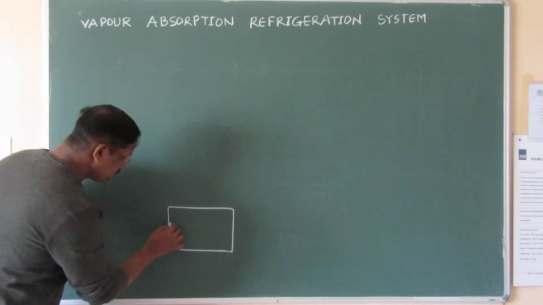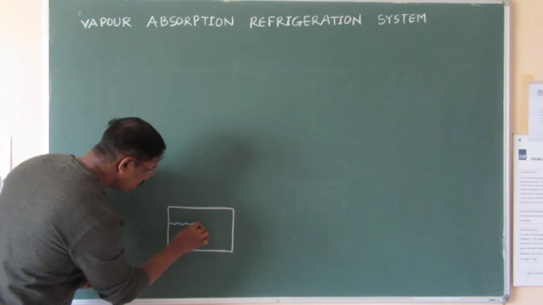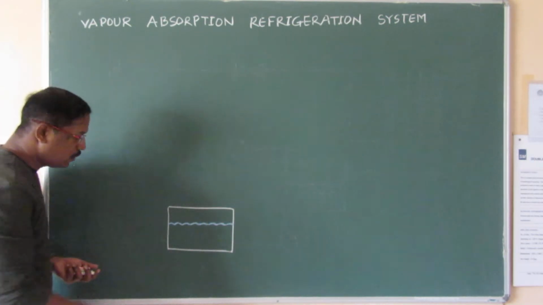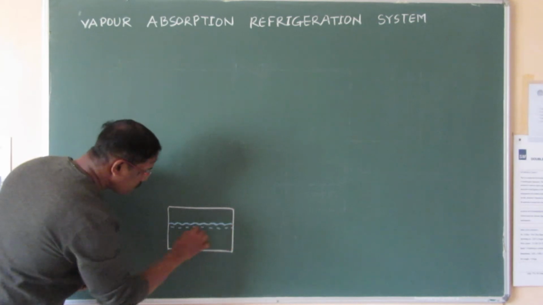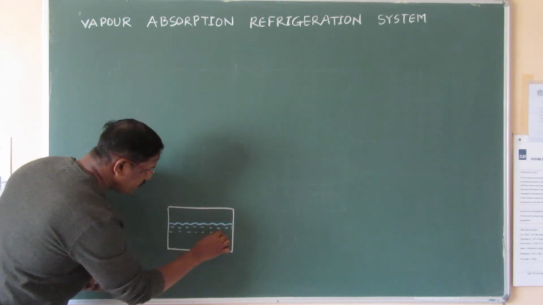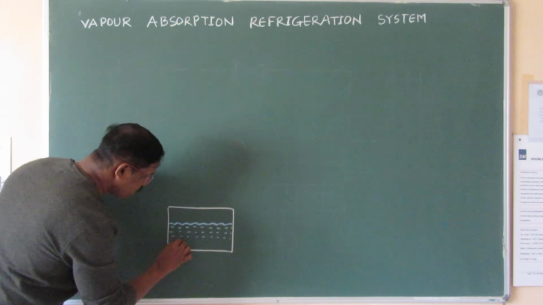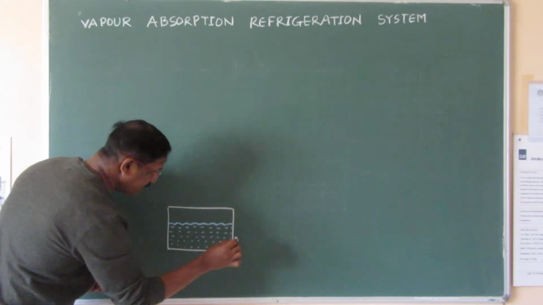Suppose this is the absorber unit, and this level is a liquid solution of water and ammonia, but this is a weak, diluted solution.